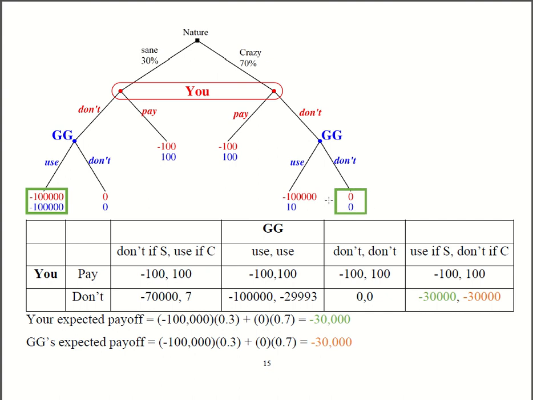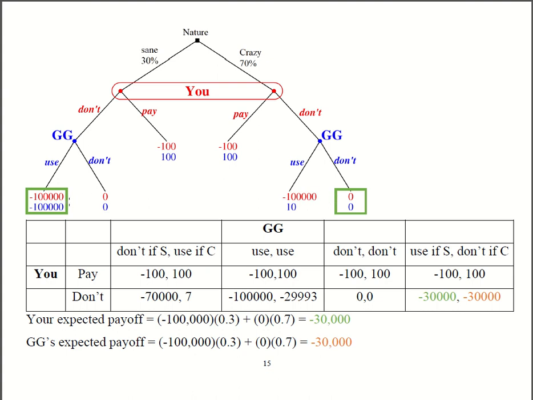So if probability 70% Grenade Guy is crazy, we end up down here. With probability 30% Grenade Guy is sane, we end up at this payoff. So now I just got to take a weighted average of these two payoffs to find what should go in our table.